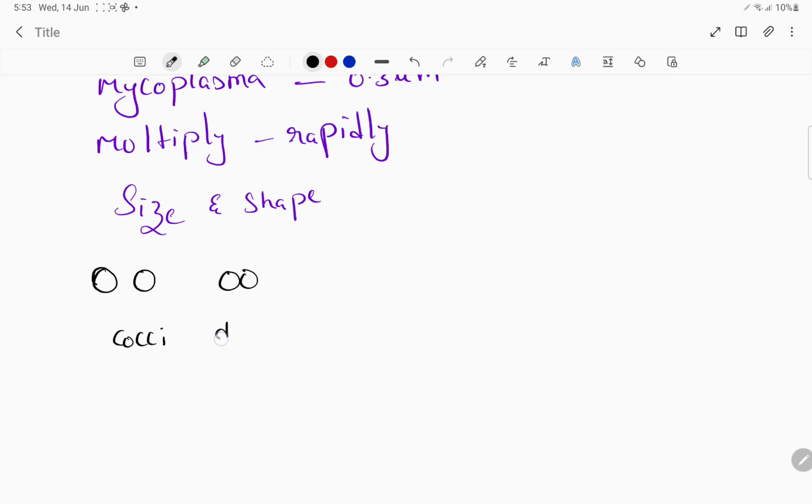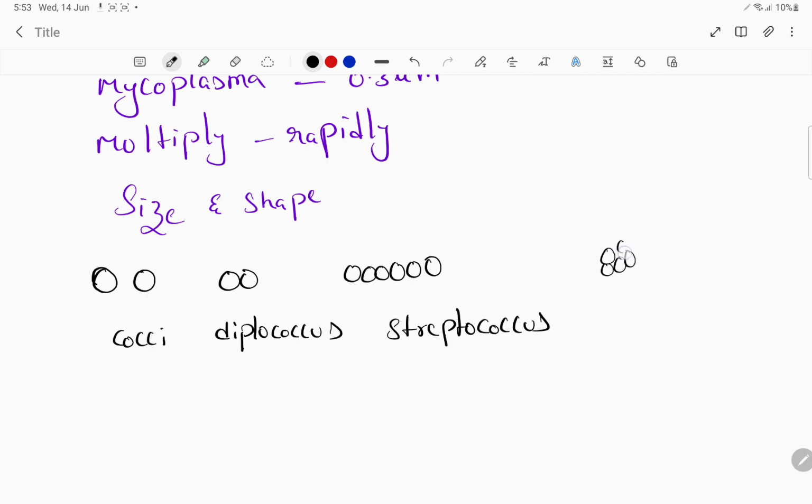This is diplococcus, and this is streptococcus. So strepto means chain. This is staphylococcus.